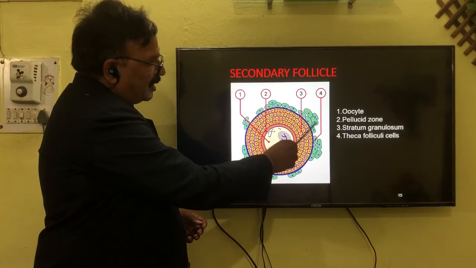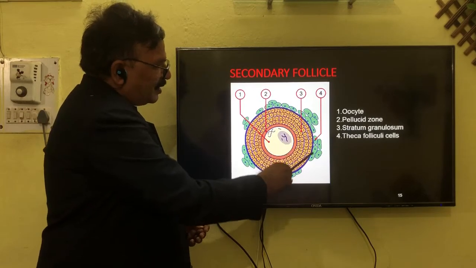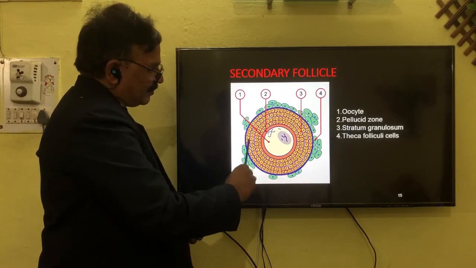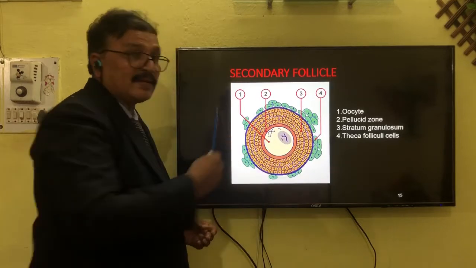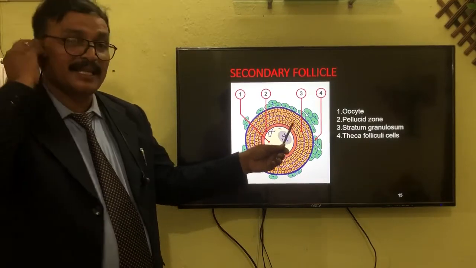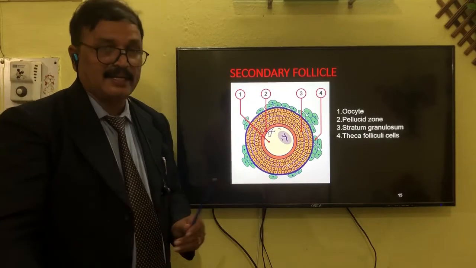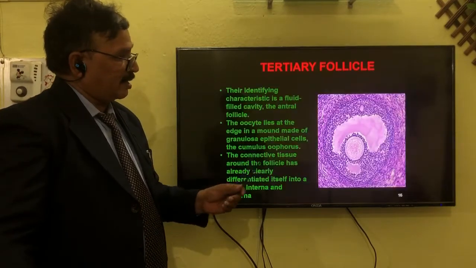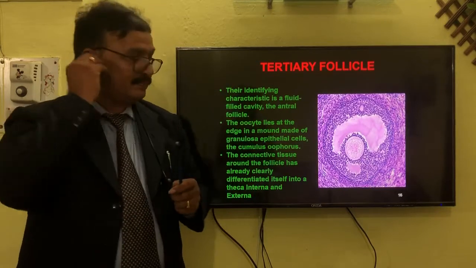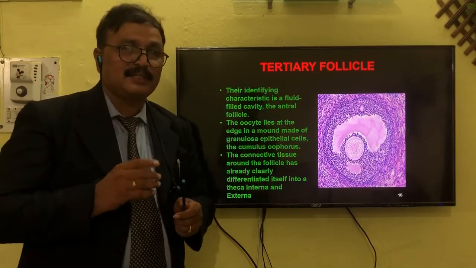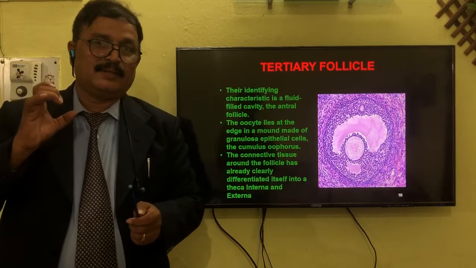This is a theca follicular cells. These ones. So another layer is being formed, apart from the granulosa cells. Now this is secondary.